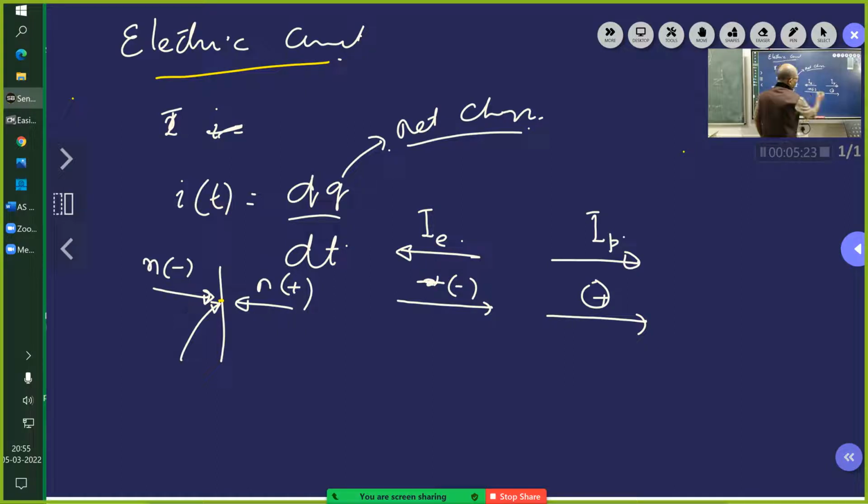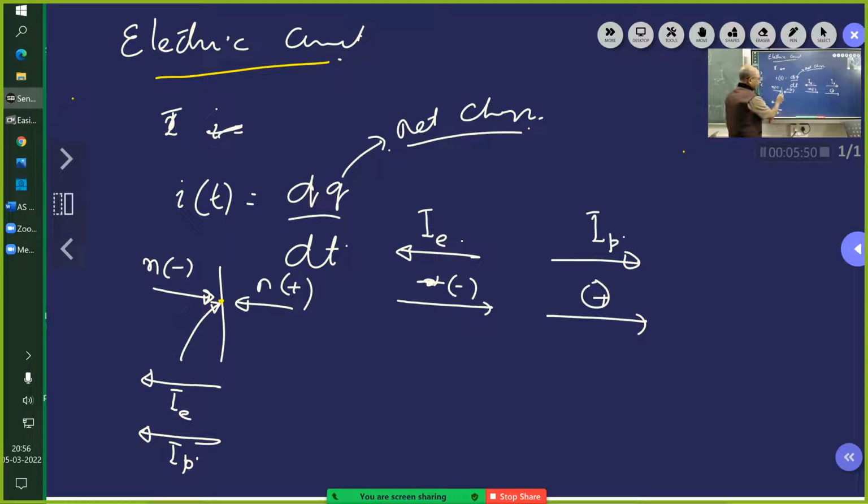So right now you see if electrons are moving in this direction, then the conventional current is in this direction. If the positive charges are going like this, then the current due to the positive charges is in this direction. Now here the electrons are moving like this, conventionally the electron current is in this direction. But the positive charges are moving like this, so the conventional current for positive charges is like this. Is that clear?